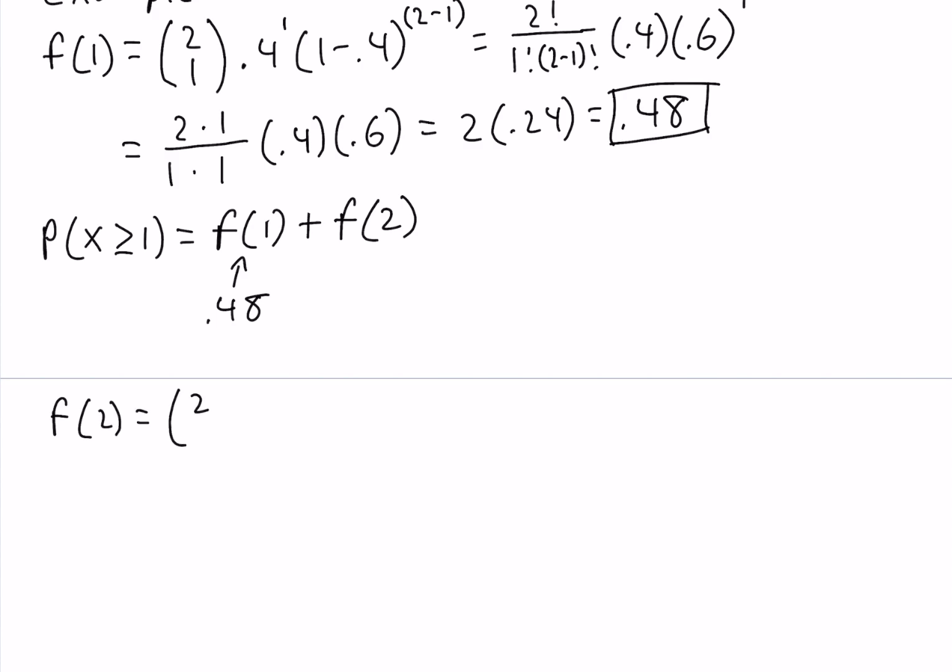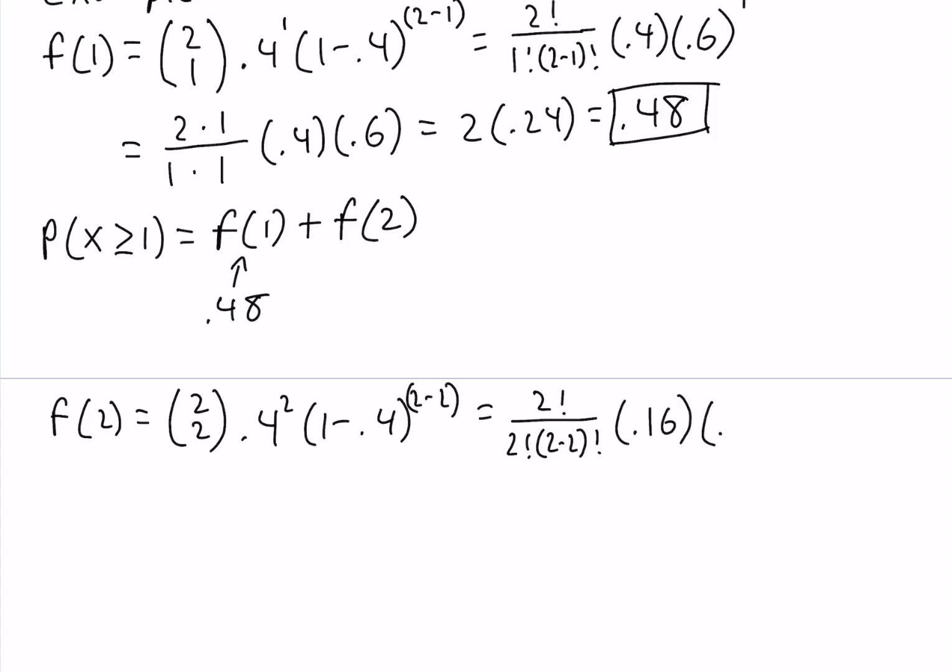So it's going to be 2 choose 2 times 0.4 to the power 2 times 1 minus 0.4 to the power 2 minus 2. So this is going to be 2 factorial over 2 factorial times 2 minus 2 factorial, times 0.4 squared, which is 0.16, times 0.6 to the power 0.